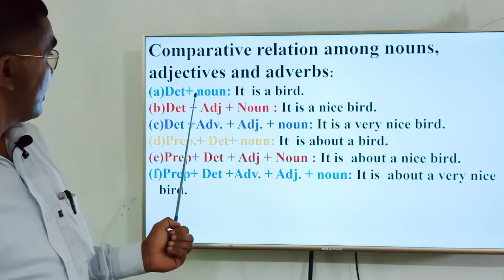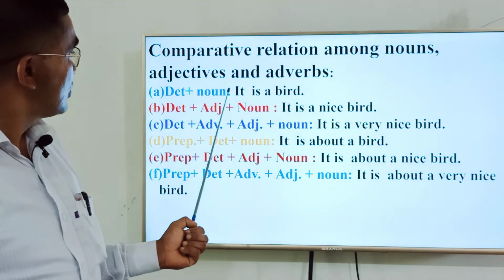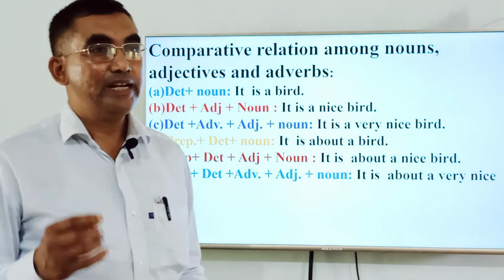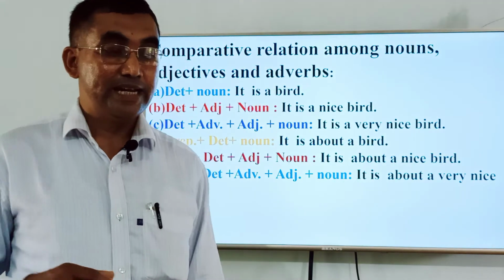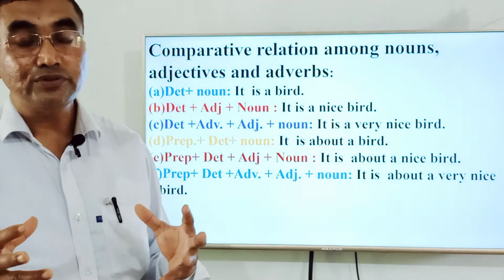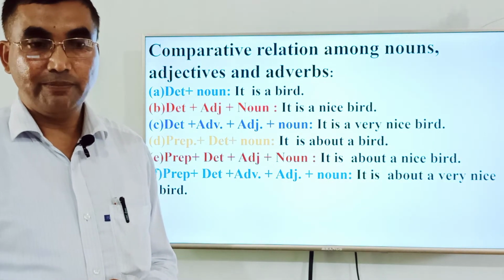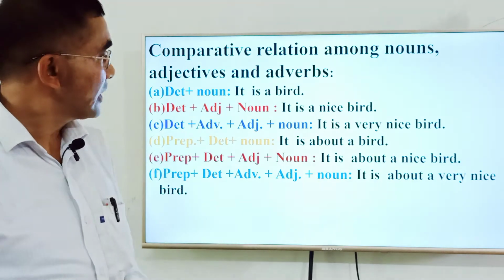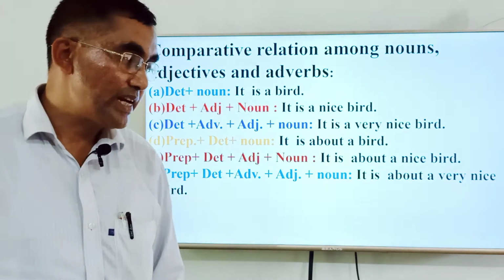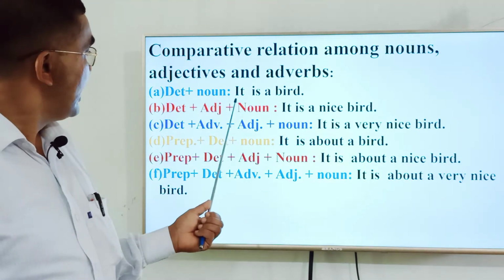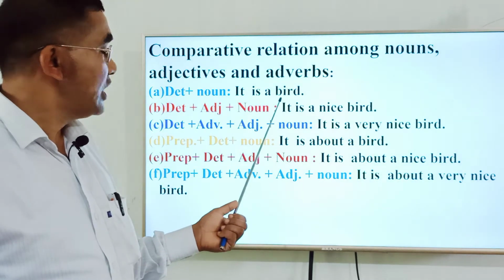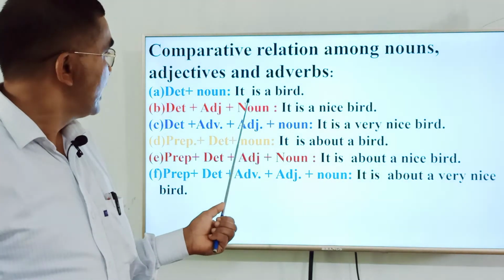Let's see, determiner plus noun. If there is a noun in singular form, and the noun is a countable noun and stays in its singular form, then there should be a determiner before it. It is a verb. We can't say it is verb.